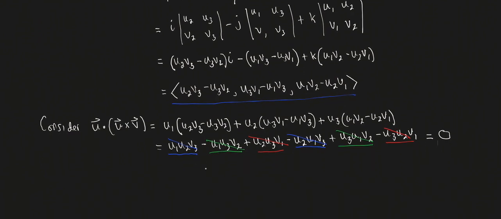But let's see what happens if we do this with the other vector that we started with, V. So consider that dot product. What if we do V dot U cross V? So it is very, very similar.